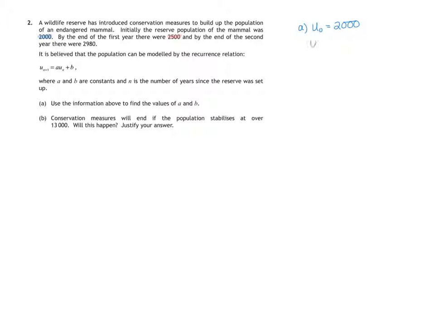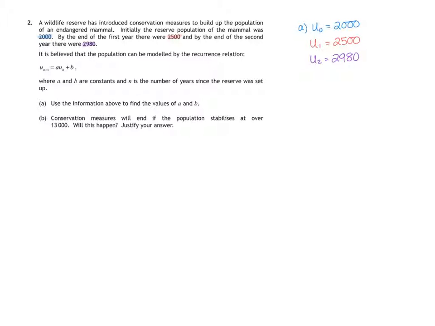So that's going to be our U1, which is 2,500. And then we've got our last one, 2,980. And that is our U2, because that's at the end of the second year. So we can use these and we can set up our equations.